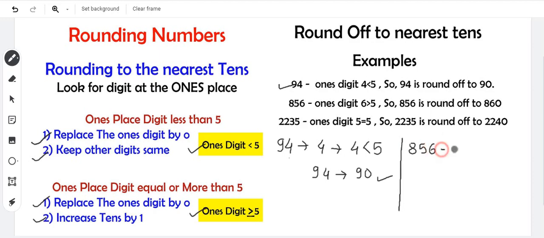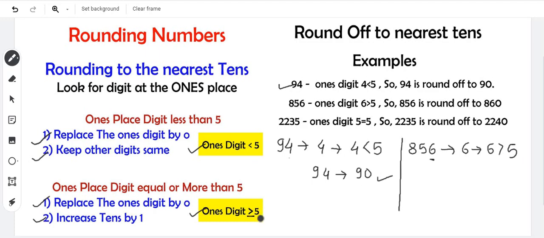856, rounded off to the nearest tens, in which the first main rule is look for the digit at the ones place. The ones place digit is 6. The second step is to compare with the conditions. So 6 is greater than 5.